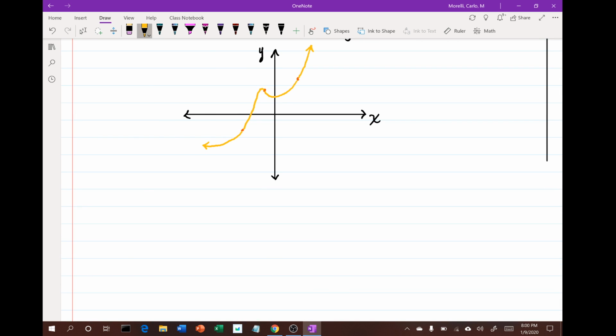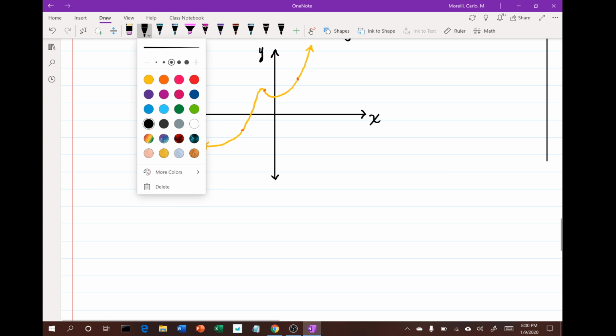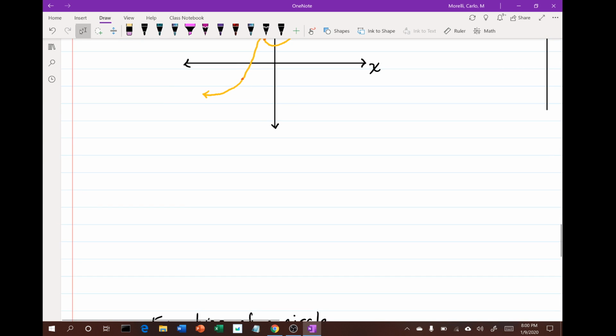Do another example. Whoa, what's going on? Oh, I need to write example. Duh. Okay, something's going on with my pen. I don't know what it is, honestly. It's weird. See that?